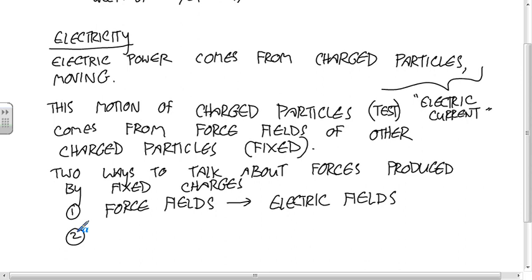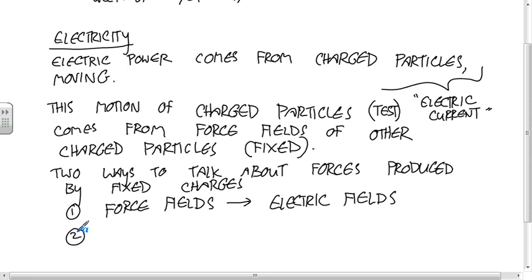Anyone remember when we talked about conservative forces in first semester physics? Does that word ring a bell? There were two types of conservative forces that we talked about: the forces produced by gravity and the forces produced by springs.